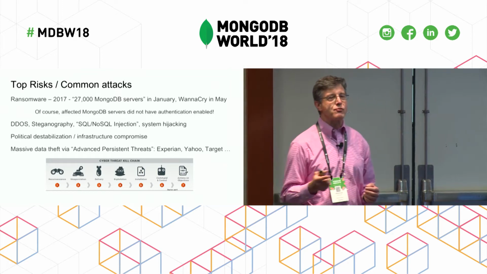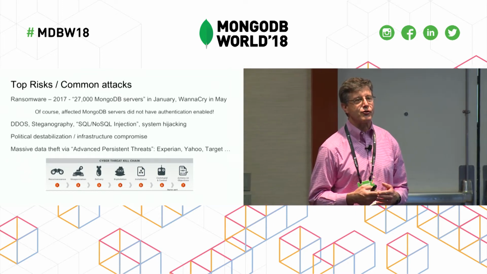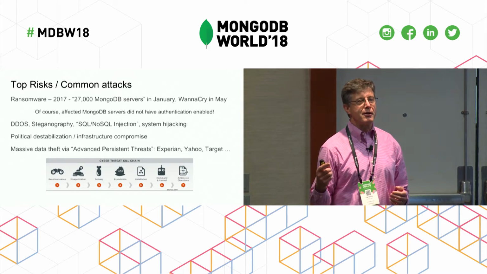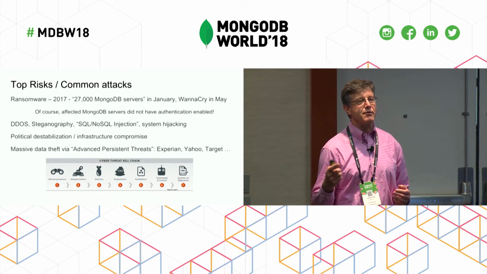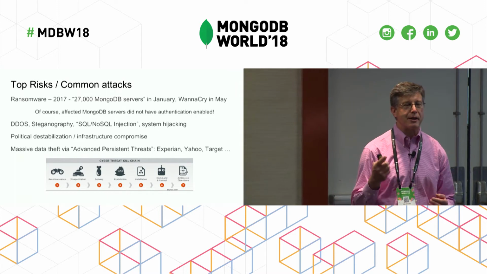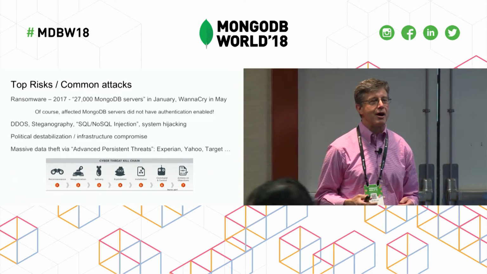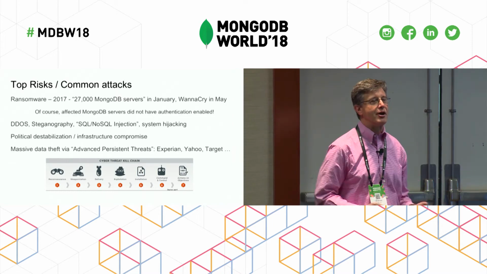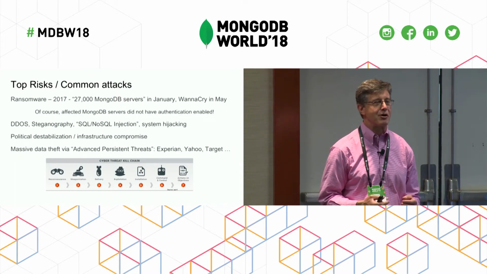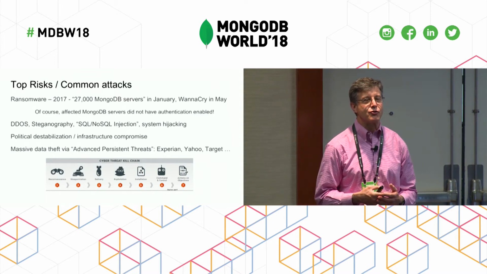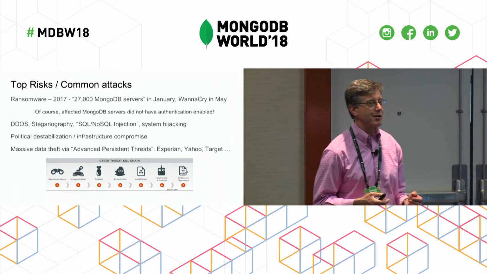My favorite word in the cyberspace is steganography, which means embedding data in benign-looking files like MP3s or image files, and using those files as carriers to carry that data off of a target's network. DDoS is one of many acronyms in the security space that I'll explain.